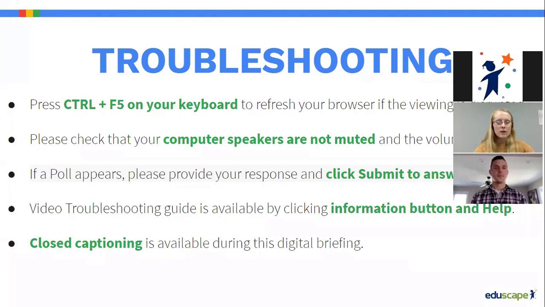Also, if a poll appears, which it will later on, please provide your response by clicking and then clicking submit. Hitting submit lets us know your answer. Also, if you have any video troubleshooting, there is a video troubleshooting guide that you can use by clicking the information button and help. Also, there is a closed captioning feature available in the lower left-hand side of the screen.